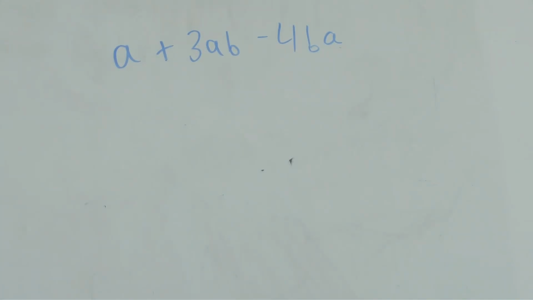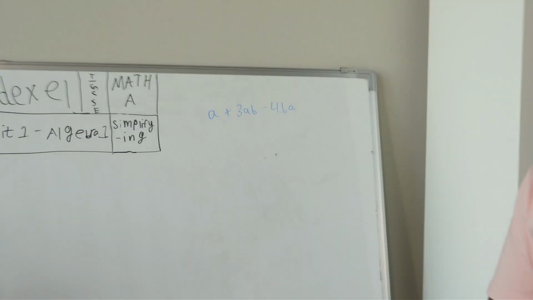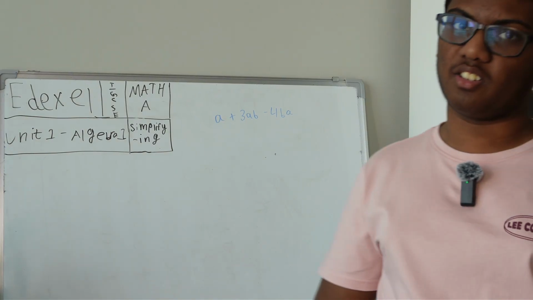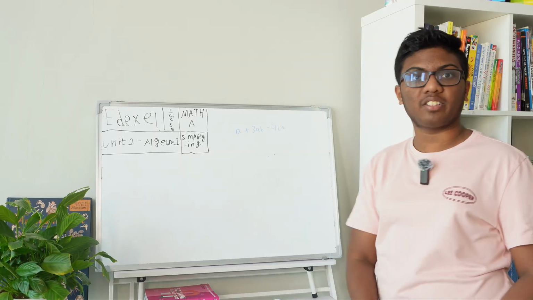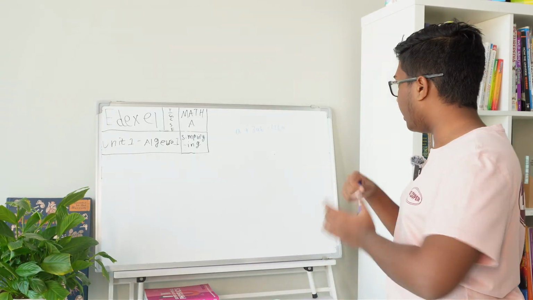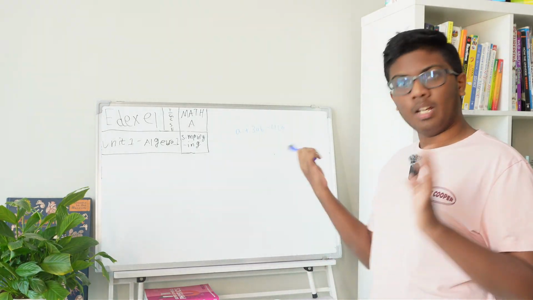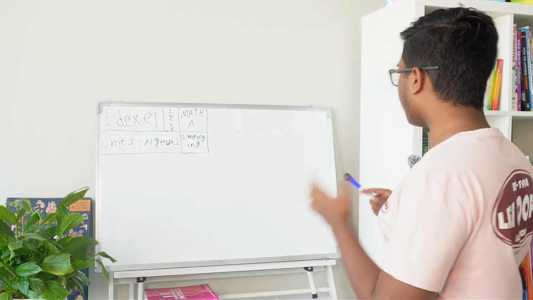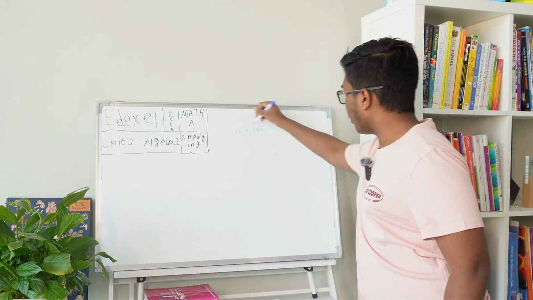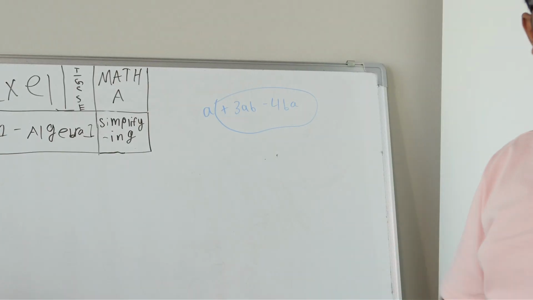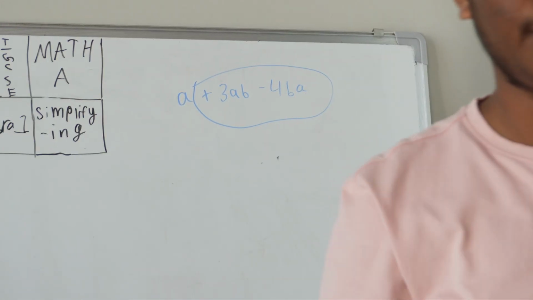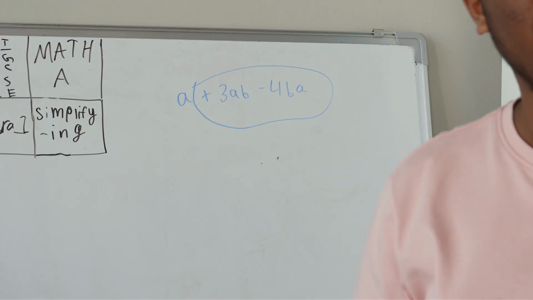Well, most people who are just starting out in algebra would say that you can't. You can't simplify this because there are no like terms. All of these terms are unlike, right? Wrong. Some of these terms are actually like. Those terms being these two. Mind you, here's an important rule in algebra that will save you tons of marks.